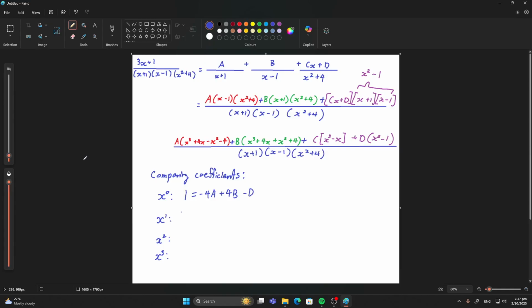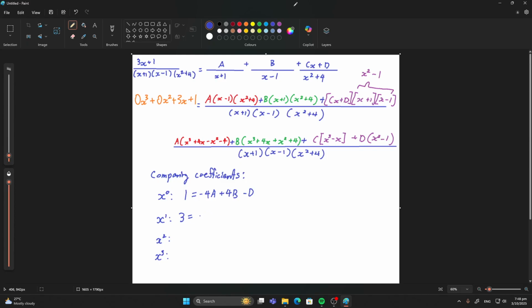Moving on to the x term, left hand side, we have 3. Just to clarify a little bit, on the left hand side, we can write it as plus 0x squared plus 3x plus 1. So let's continue.